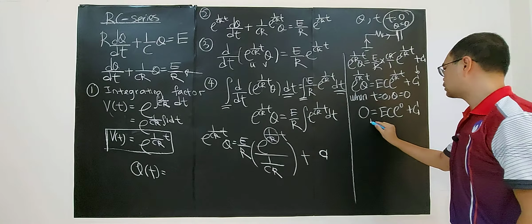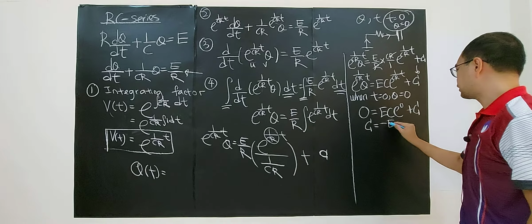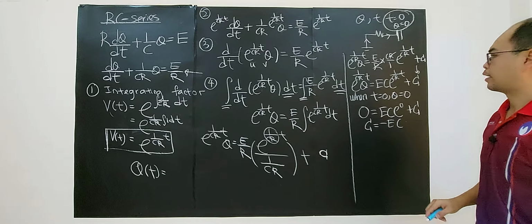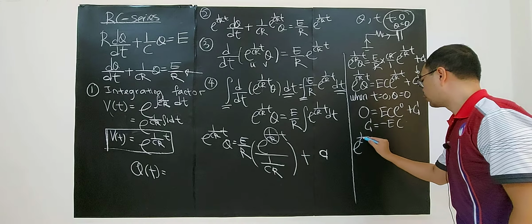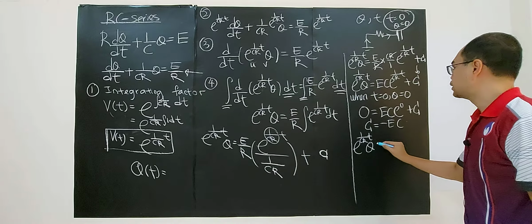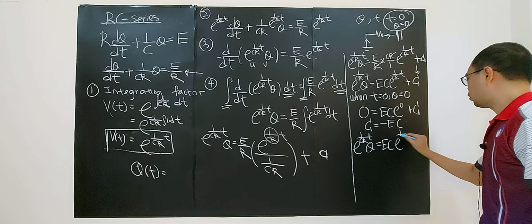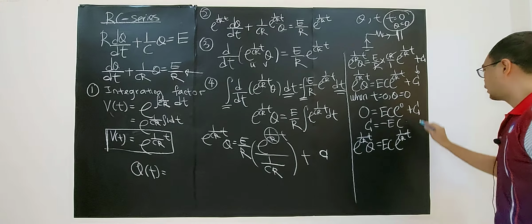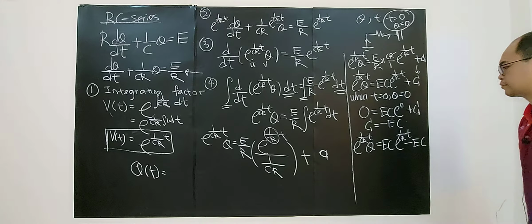So the constant c is negative EC, right? Finally, we get a formula where Q over CR equals EC e^(t/CR), and the constant here is negative EC, right?